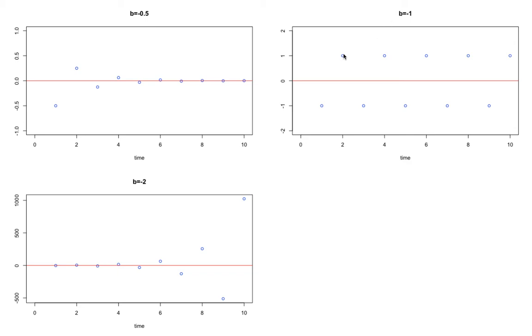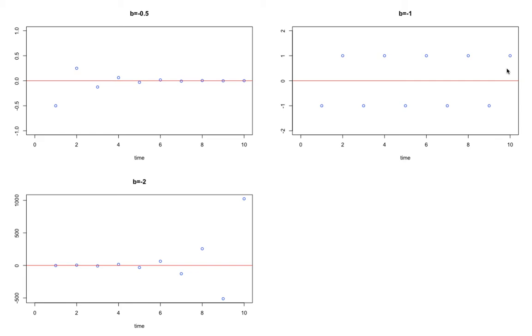Again, this is a case where we do not have either convergence or divergence, so we have non-divergence and non-convergence, but we have definitely dynamic instability. Why is that so? Because look, here, once the system is thrown out of the equilibrium, we see these uniform fluctuations because we move from negative 1, 1, negative 1, 1, negative 1, 1, and so forth.